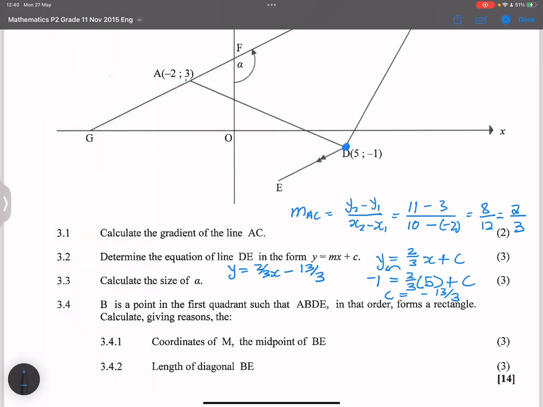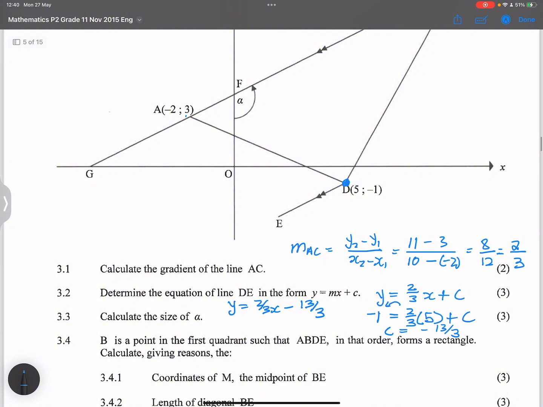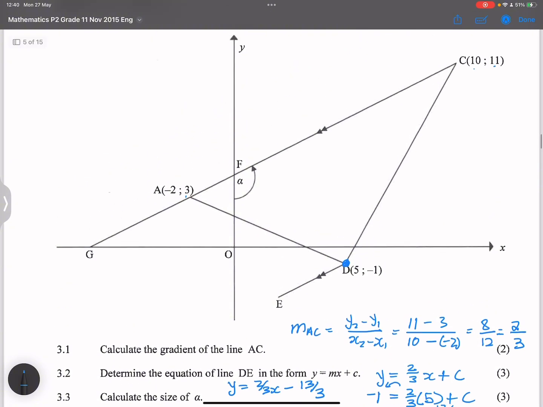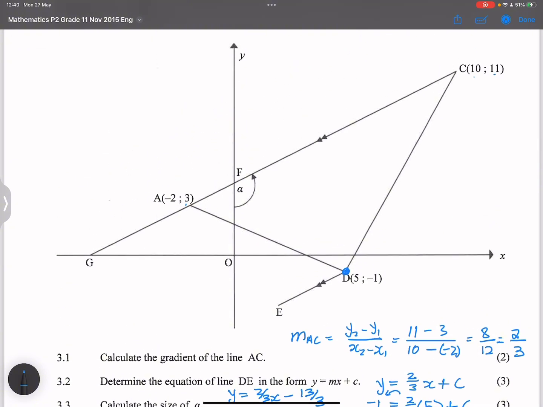Now they say calculate the size of angle alpha. All right, now ladies and gents, what I'm going to do is look into triangle FGO. Now if we look at that angle there, how can I find the size of that angle?